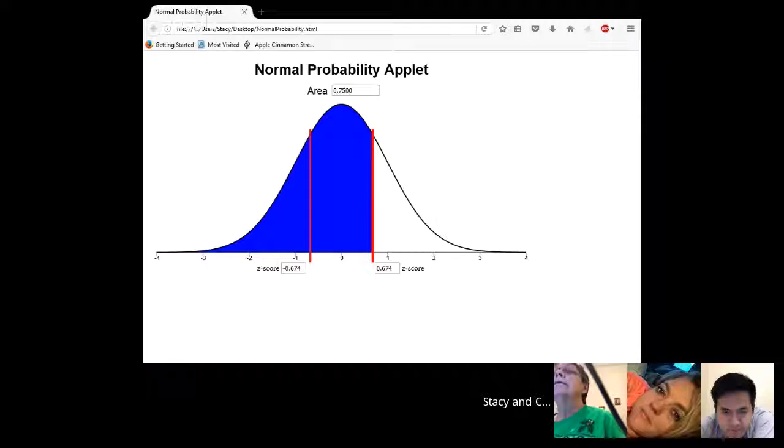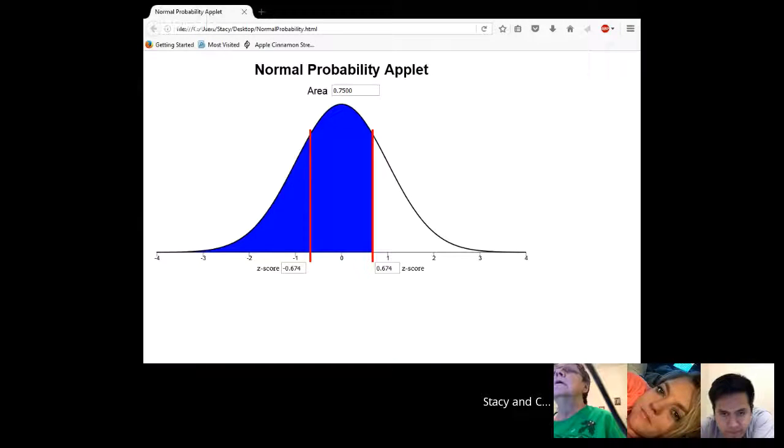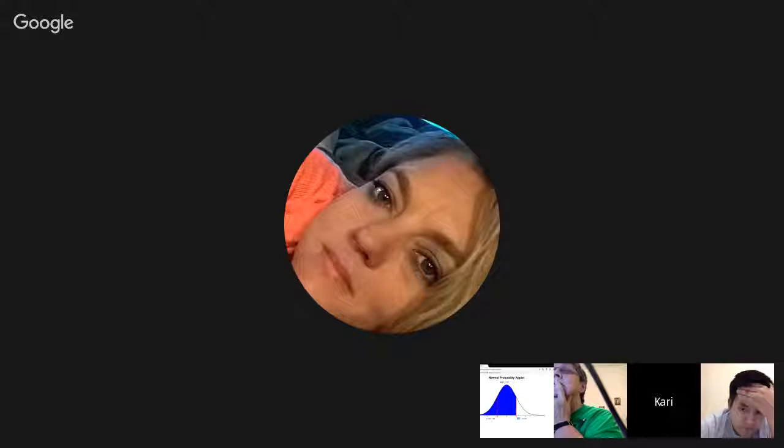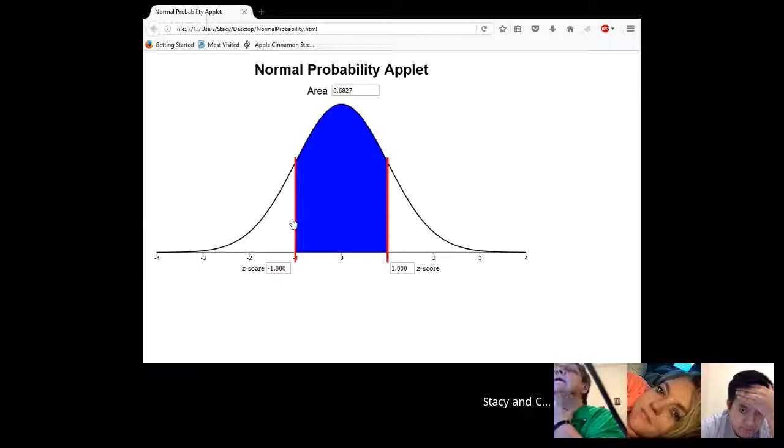Suppose that the z-scores come from a standard normal distribution. Use the normal probability applet to answer this question. What proportion of the z-scores will be between -1 and 1? Give your answer as a decimal, accurate to 3 decimal places. Can you guys still see my applet?